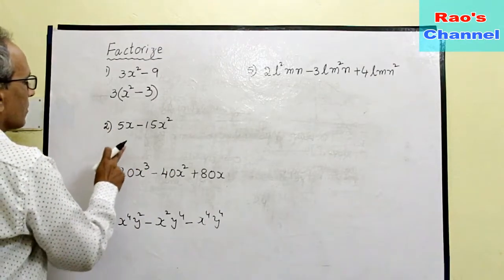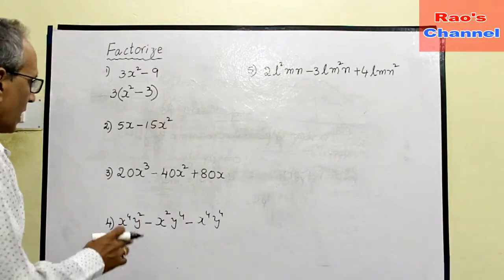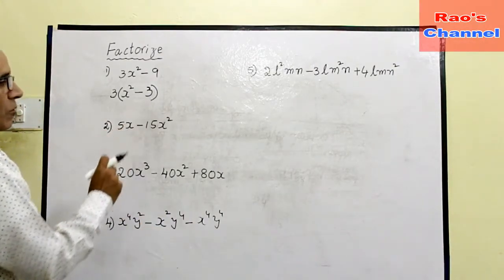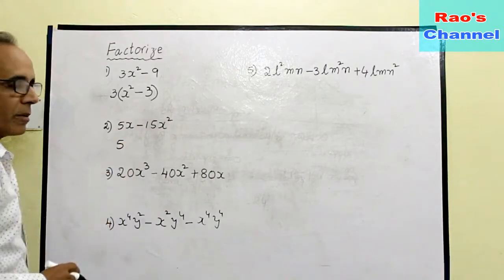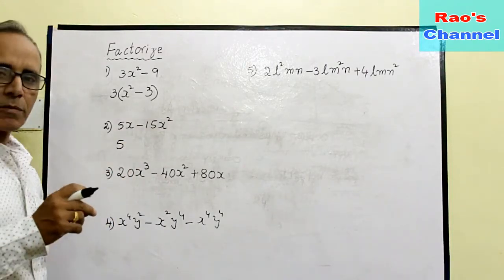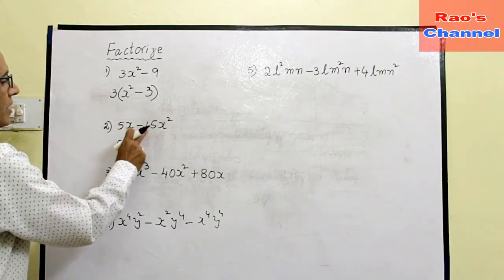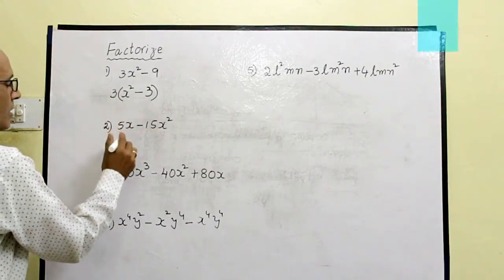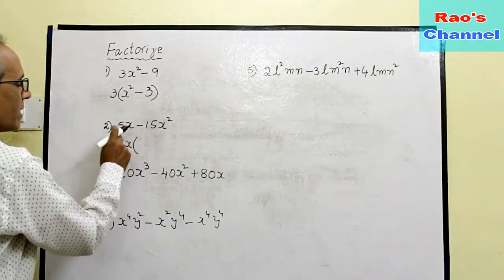We can check by multiplying, by going back. Go to the next. 5x minus 15x square. It is also a binomial. We can see clearly for the numerical coefficients, 5 is the H.C.F. And for the variable, already I said the least power of the variable is the H.C.F. Here the variable in both the terms is x and the least power is 1. So if I take 5x as common from the first term, what is remaining? Nothing is remaining.